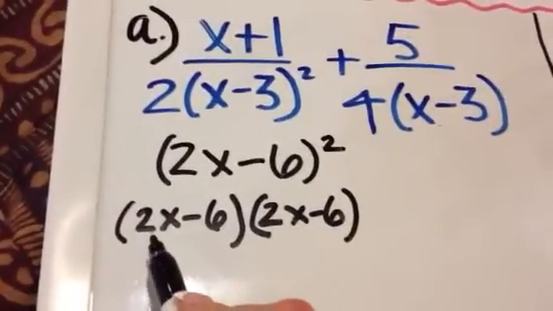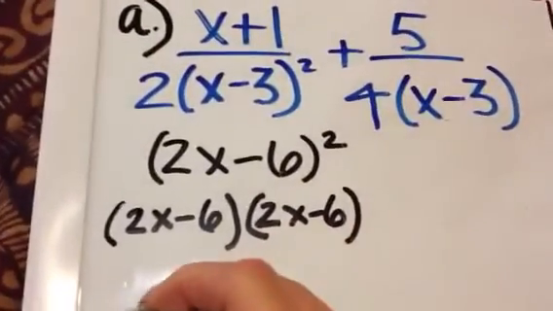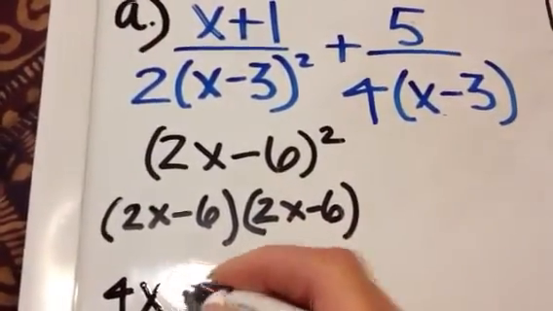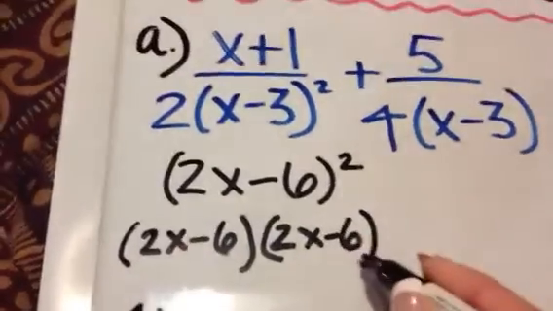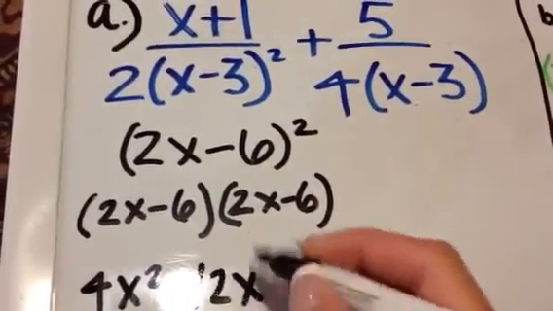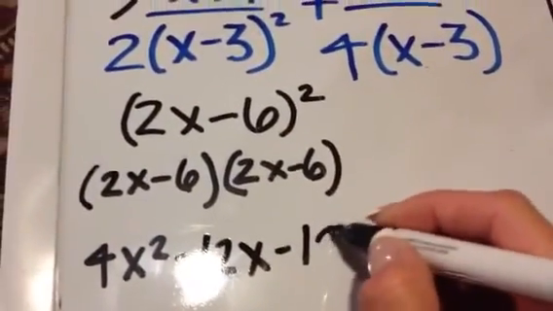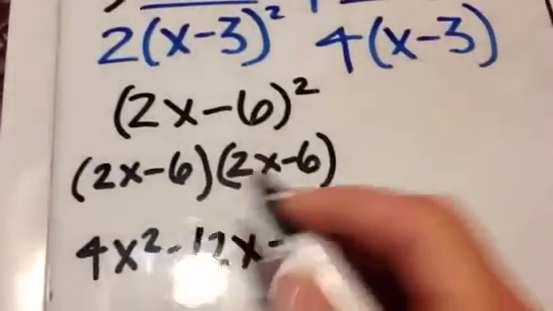So you take your first set of numbers, 2x times 2x, your outsides, your insides, and your last two.